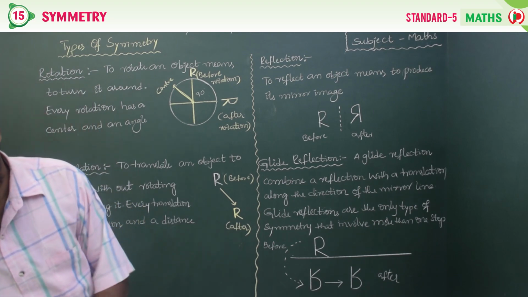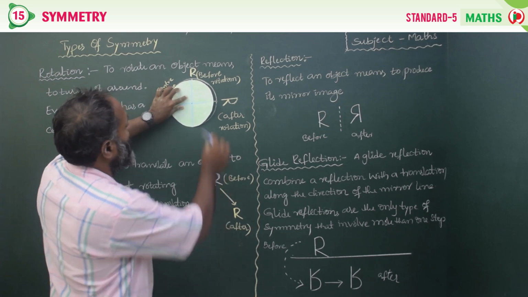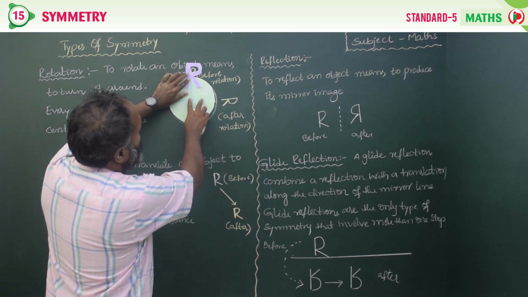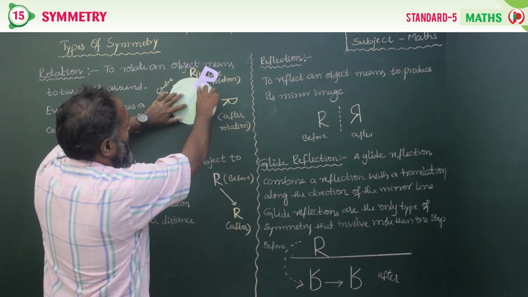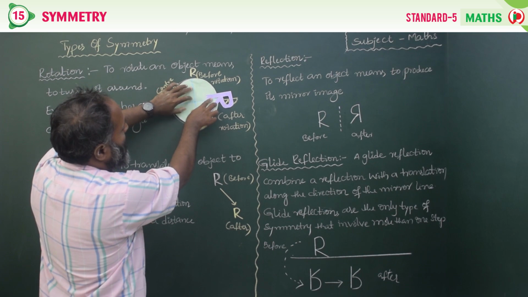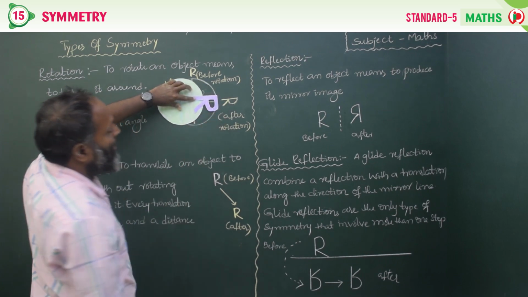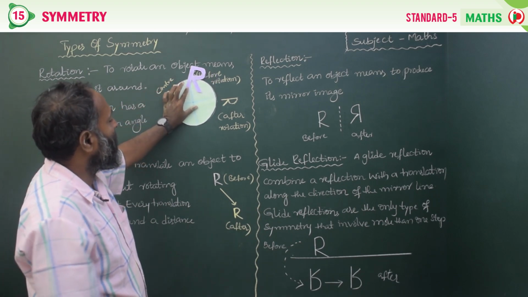Experimentally, if you see here, this is a circle, and this is R. If you rotate it at an angle of 90 degrees, your R will change in this form. Before rotation, your R is like this.